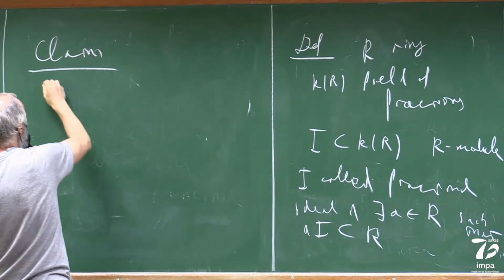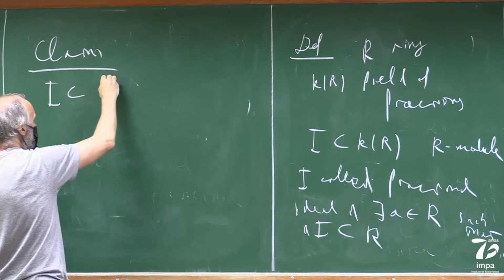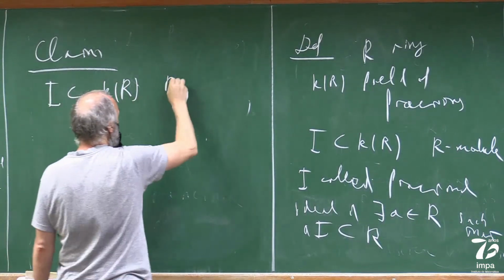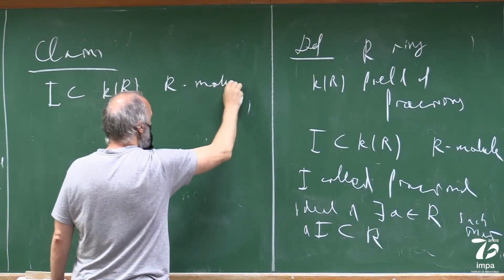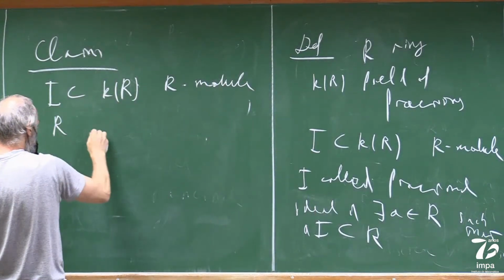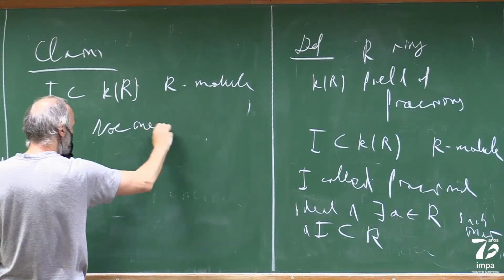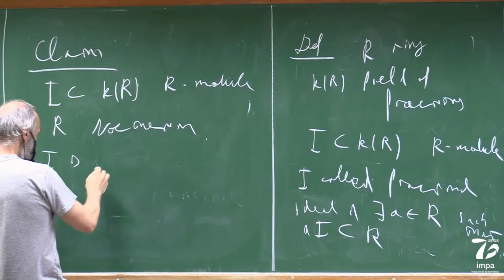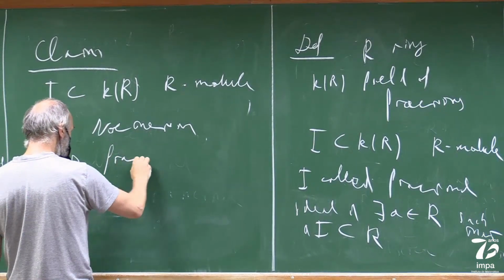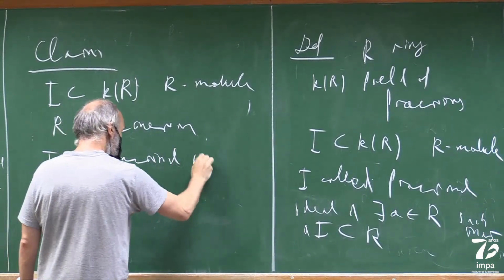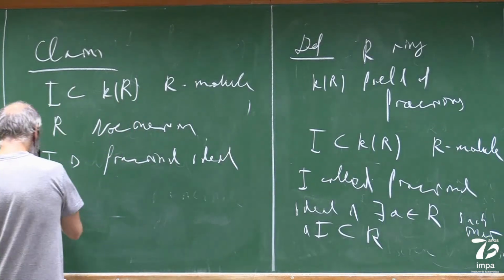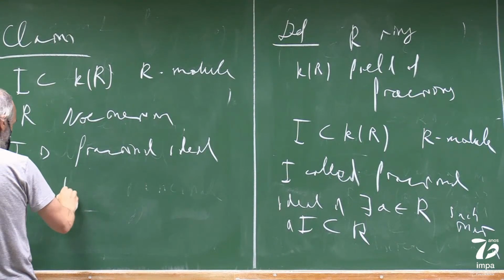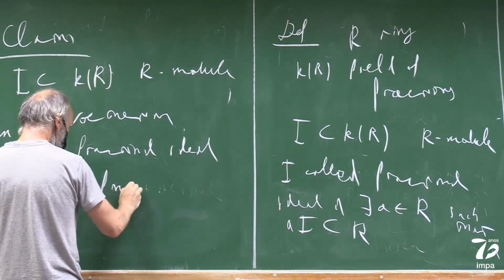So you have I inside K of R, an R-module, and assume that R is Noetherian. Then I is a fractional ideal if and only if I is finitely generated.